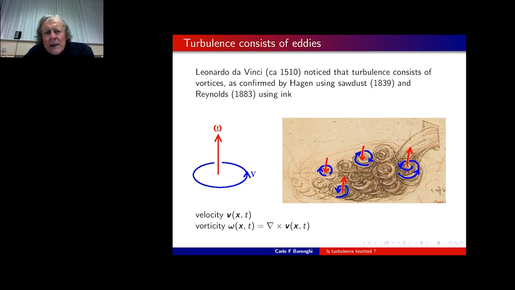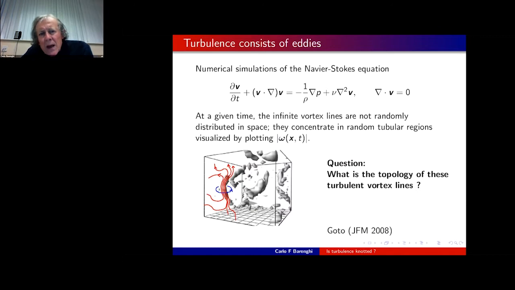So I want to stress that here we have a very messy, disordered solution for the velocity, which is disordered in space and time. But let's think of the vorticity. We have a continuum velocity field, so the vorticity is also a continuum field.